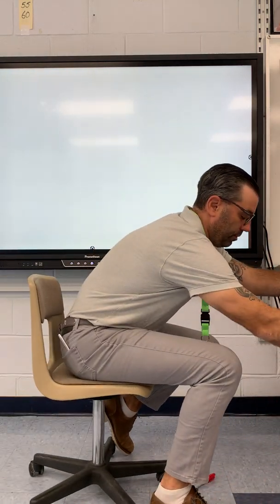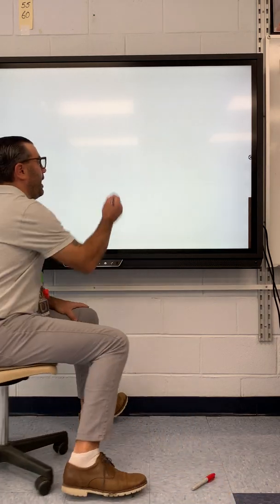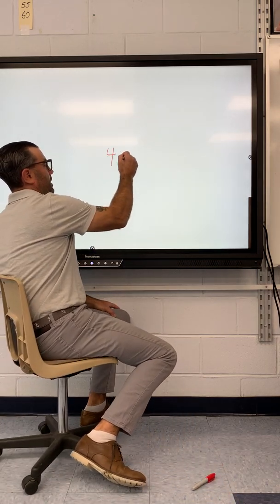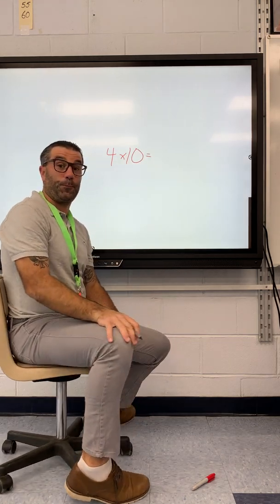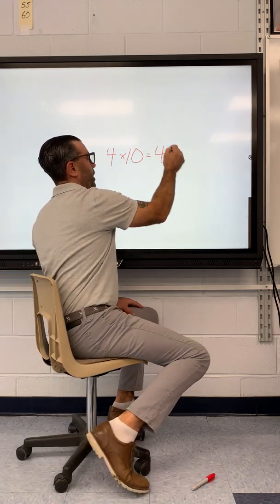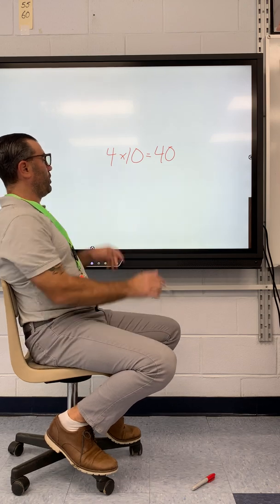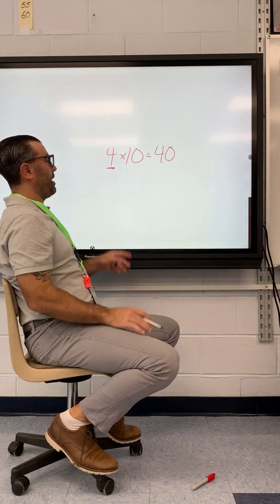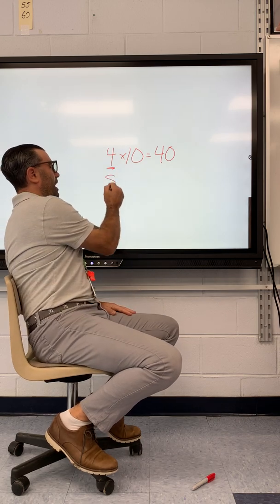Okay. So let's do a few. Ready? Say I said 4 times 10. You would tell me 40. Correct, right? You would go either by tens, 10, 20, 30, 40, or you would just take the 4 and put the 0 after. So I said 8 times 10.